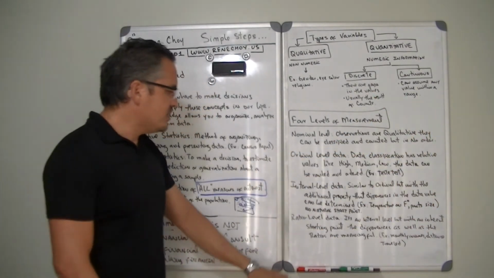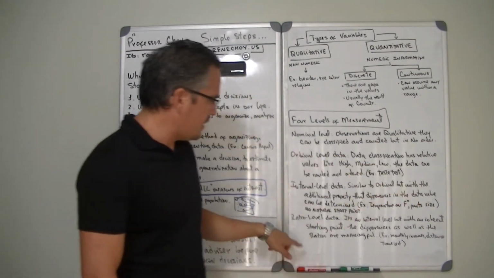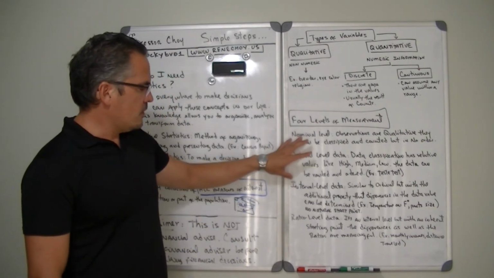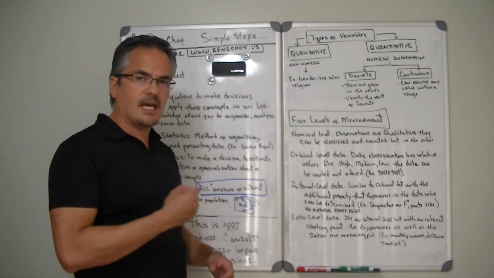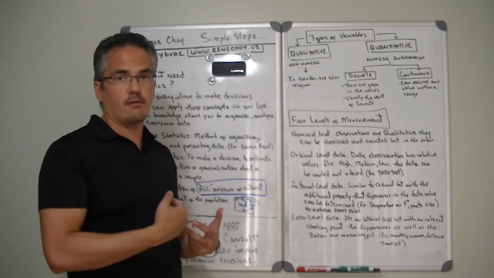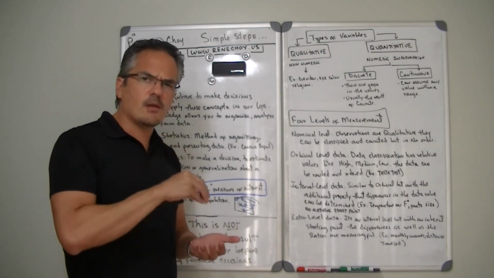Ratio level data is interval level data but with an inherent starting point. So ratio level data has more of all of that, and then there's a starting point that is solid. It's a point where things start for whatever reason. It begins at 0, or it doesn't have to be 0, but there is a starting point.